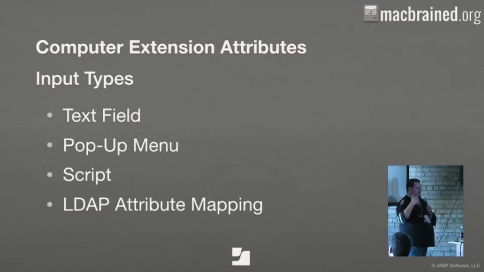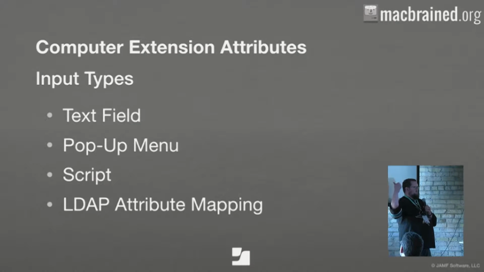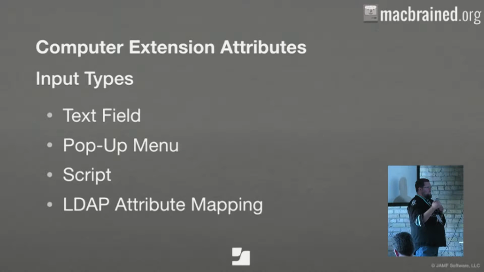But the real power here is when you have that script option. So we have the LDAP attribute mapping here for the input type. But now we also have the ability to run a script on the local device and come back with information and populate this every time the system runs inventory.